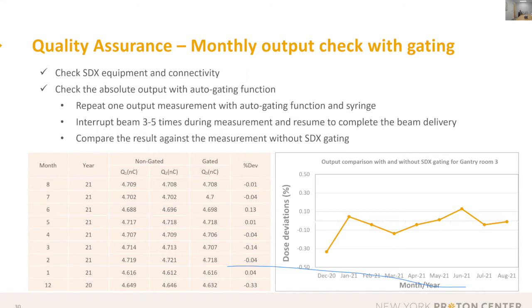In the meanwhile, this is the absolute dose measurement with ionization chamber every month for a specific beam. And here it shows you the deviation with and without gating, and how much difference you expect. Basically you can see it's very minimal.